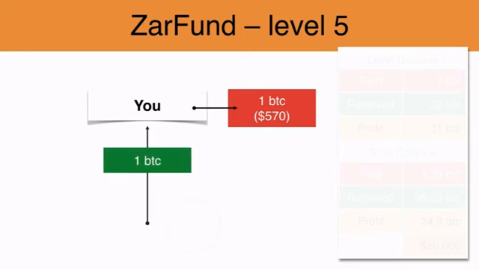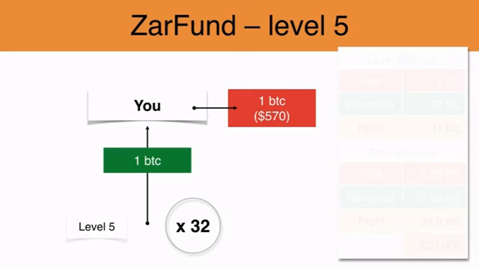Level 5 will have you up a little bit more. You've actually made $2,300 in profit on your level 4. You'll spend $570, which is equivalent to 1 Bitcoin, which, like I said earlier in the video, is going up very fast.